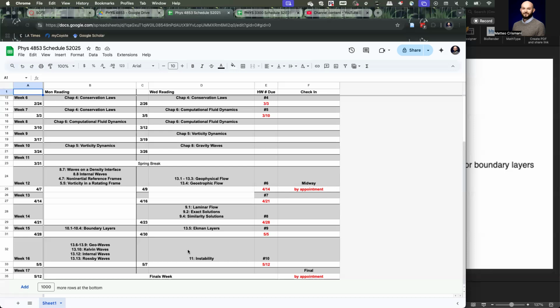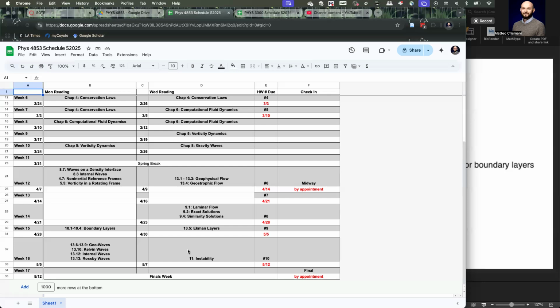And so Ekman layers we see a lot in the study of ocean dynamics, specifically the first 300, 500 meters, and how flow near the top leads to a sort of twisting down into the ocean. So, okay, go ahead. Would Ekman layers touch with eddy currents? Do they touch with that, or is it something else? No, Ekman layers, they're still layering. It's very laminar type flows. These are all considered sort of laminar solutions.